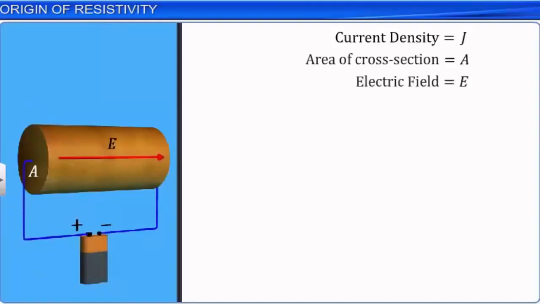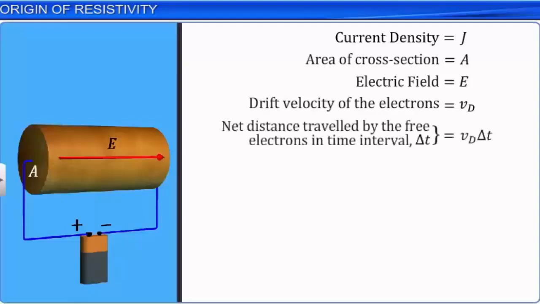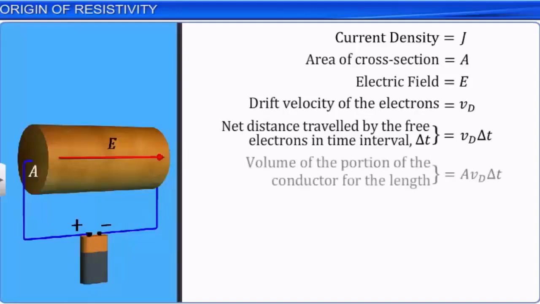If Vd is the drift velocity of the conduction electrons in the conductor, then the net distance travelled by the free electrons in the conductor during the time interval delta t is equal to Vd delta t. The volume of the portion of the conductor through which the free electrons travel during time delta t is equal to A Vd delta t.